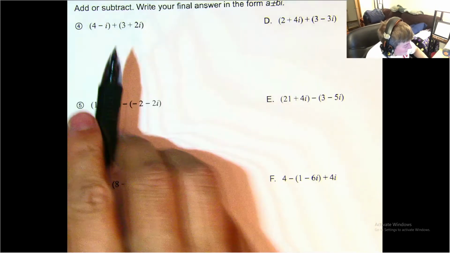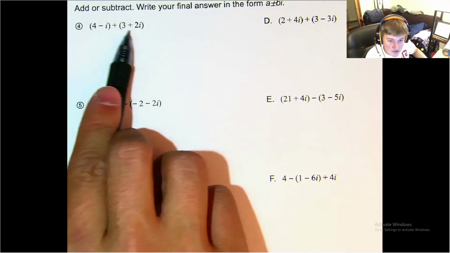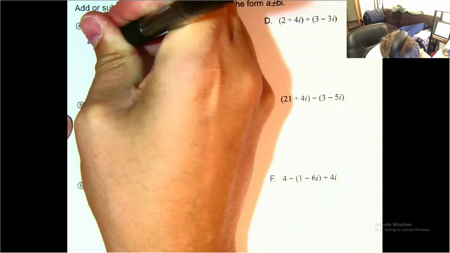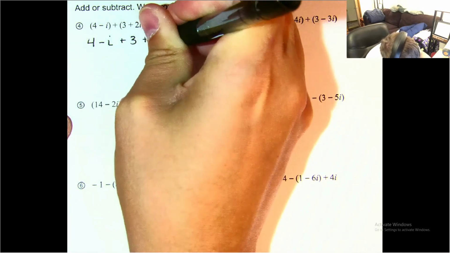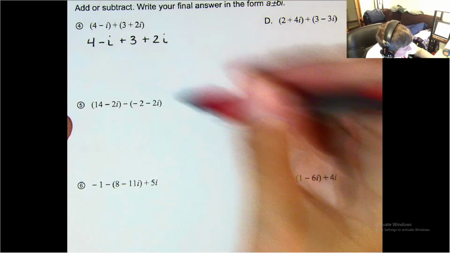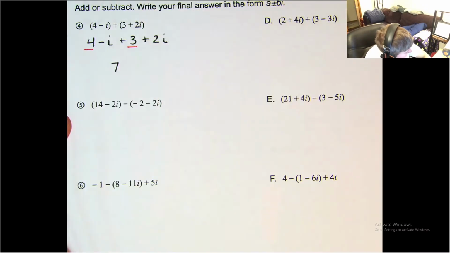Okay, so I need to think, is there anything I need to do to drop these parentheses? Well, when I'm adding two numbers, no, there's not really. So I can just say that this is 4 minus i plus 3 plus 2i. Okay, and then essentially it's combining like terms. I can combine 4 and 3 together into 7.